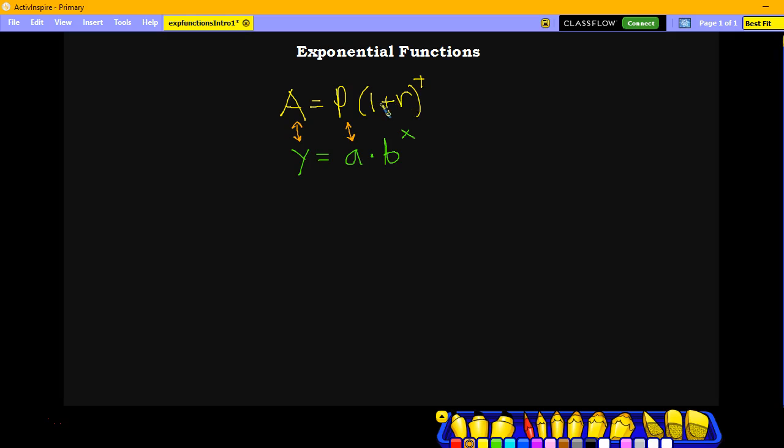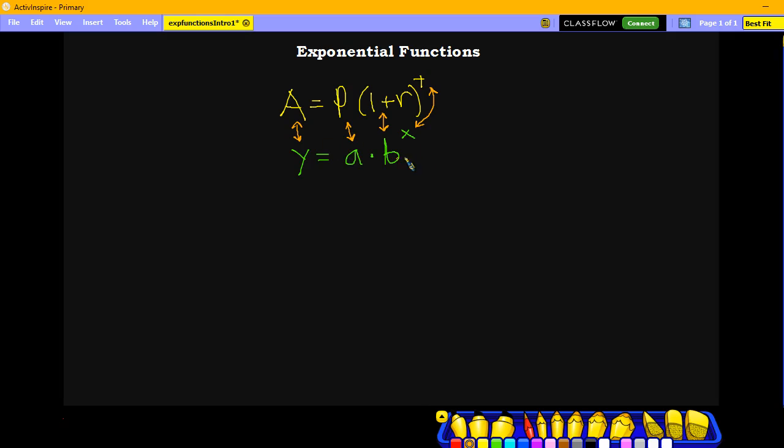And then here, we have this base, 1 plus r, which is being raised to the power of t. Now we just call it b, and that is the base of the power. And then, of course, we have our old friend x, and x is the t. So we're just swapping those.